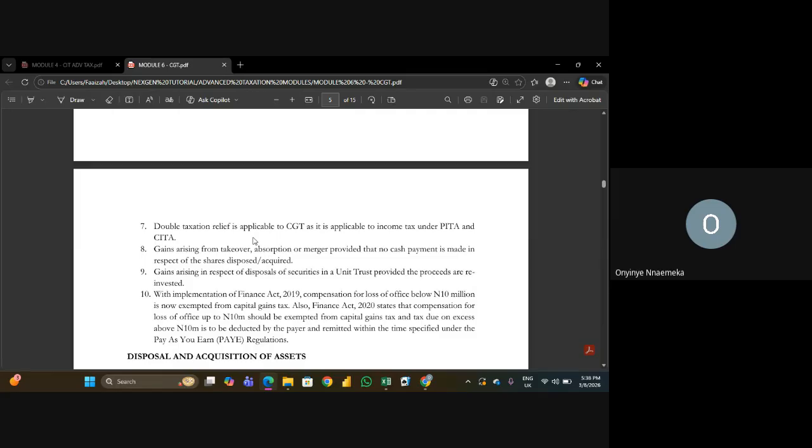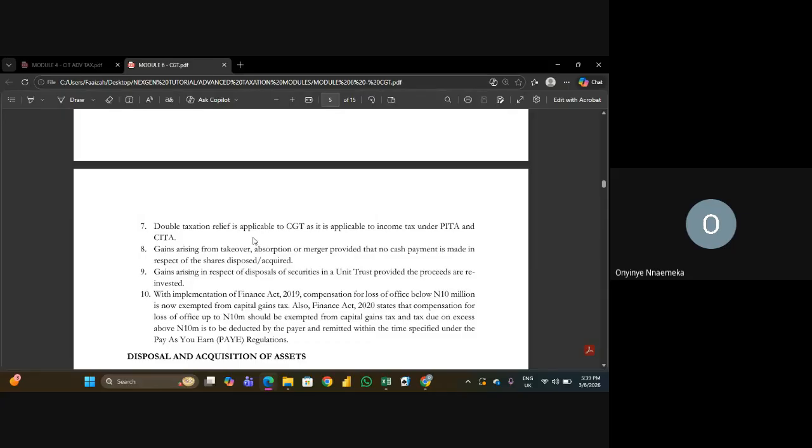Okay. Double taxation relief is applicable to CGT as it is applicable to income tax under PITA and CITA. This one will be dependent on the DTA between your country and the country in which you probably sold the asset. So it depends on the law between you, between Nigeria and let's say London, between Nigeria and any other country.